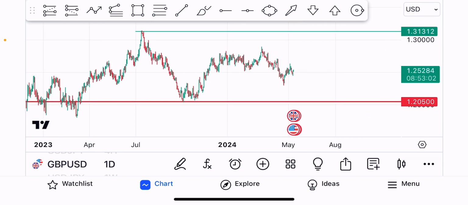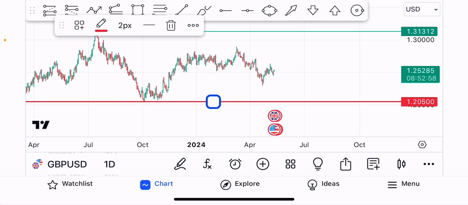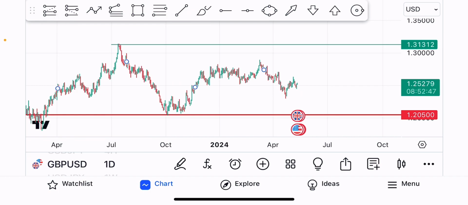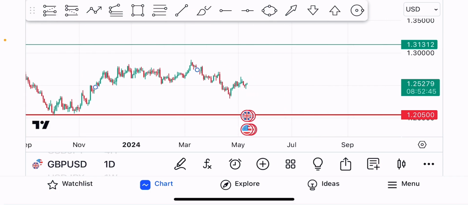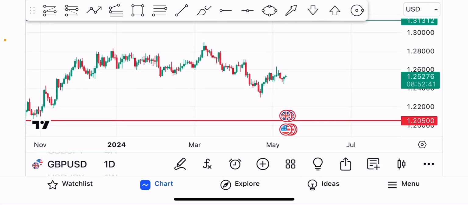So we have this level in the daily time frame as a major standpoint where we are looking forward to seeing how price reacts: the area of 1.205 and this high right here, 1.31312.